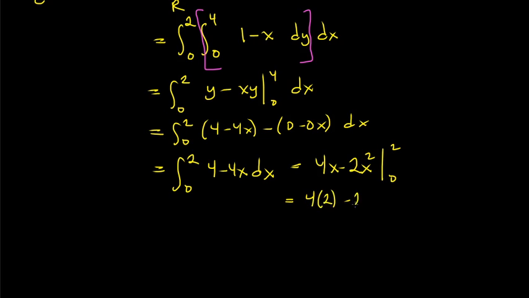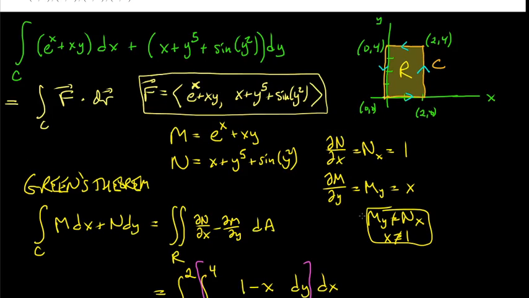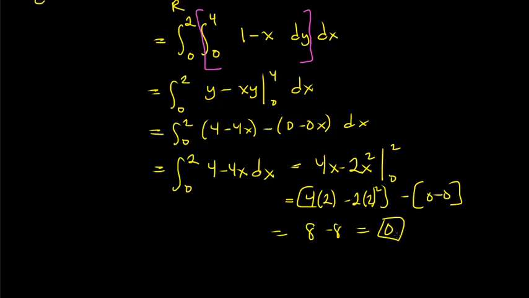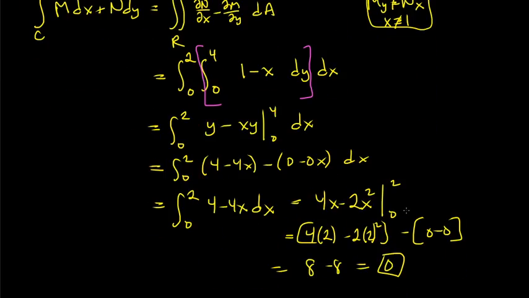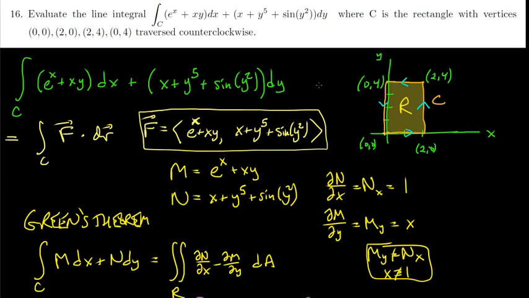So 4 times 2 minus 2 times 2 squared. And of course, when you plug in 0, you just get 0. So this is 8 minus 8. So yeah, we do get 0. And as I said, that's a coincidence. Even though this is not a conservative vector field, in some cases, you do get 0. So the line integral here, after all that work, should just be 0.